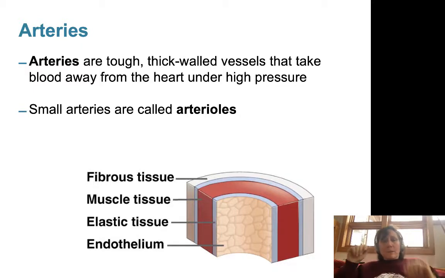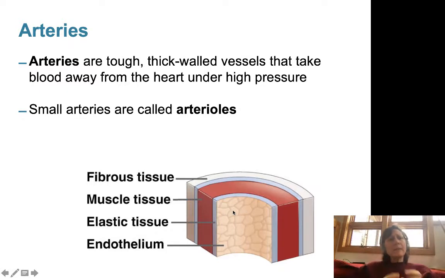Now, you can get variously sized arteries, and smaller arteries are referred to as arterioles. And you can see the different layers of arteries. So you have fibrous tissue on the outside, you have muscle tissue, you have elastic tissue, and then inside it's going to be lined by the endothelium.